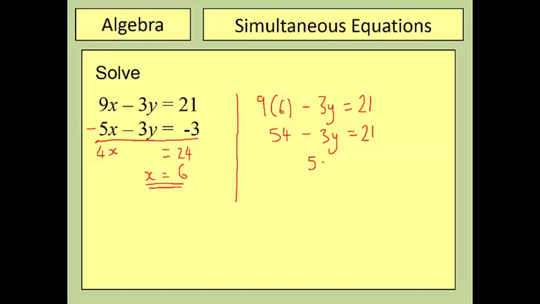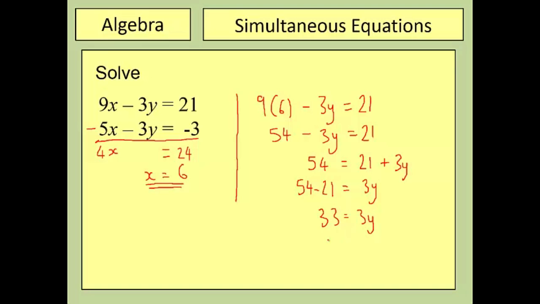I'd be left with just 54. And if I add 3y to the other side, I get 21 plus 3y. And then what I would do is subtract 21 from this side so that I'm left with just the 3y. And if I do that, I need to subtract it from the left hand side too. So 54 subtract 21 equals 3y. And 54 subtract 21, well, that's 33 equals 3y.